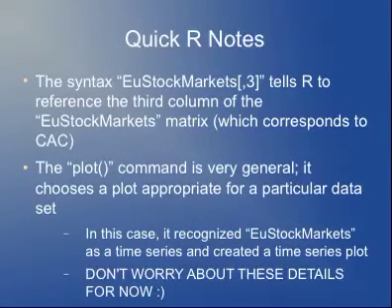As I said, EuStockMarkets square brackets 3 gives you the third column of the EuStockMarkets matrix, or I think it's technically a data frame. The plot command is a very general command that you can use to plot all kinds of things. We'll use it for a couple of other things later in this class. In this case, it recognizes this data frame as a time series and gives you a time series plot.